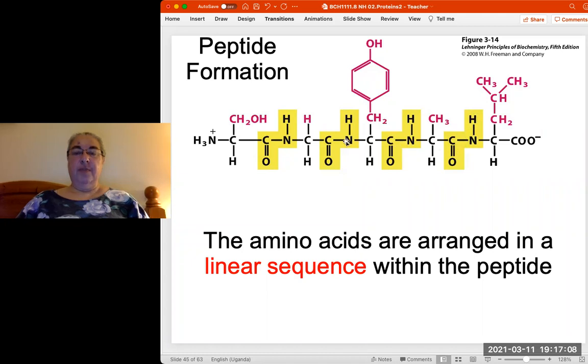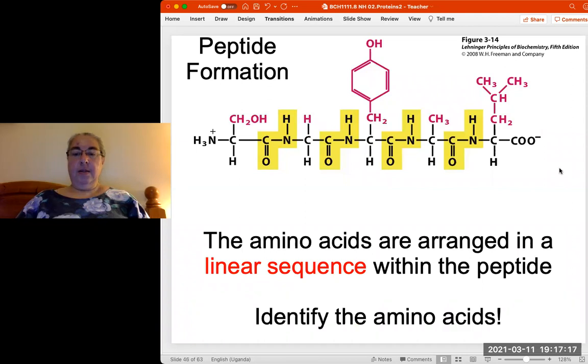Okay, so this is where the peptide bonds formed to form this polypeptide. So just for a bit of practice, can you identify the amino acids? Notice we've got the R groups shown here, okay, in red. Okay, so I hope that you're working it out.